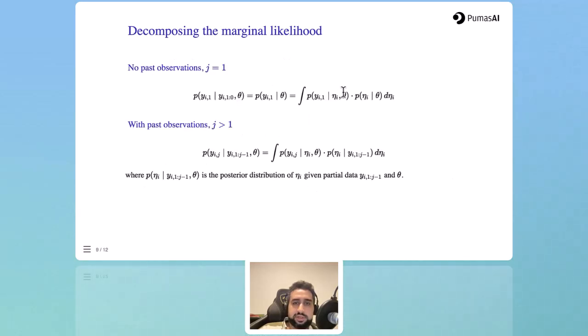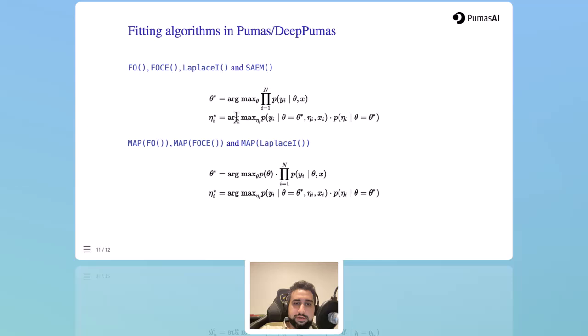So if we've seen a posterior like this here, where we have all of the observations, so j equals 1 to mi, having seen all of the observations, the mode of the posterior distribution of eta is essentially this value here, right?